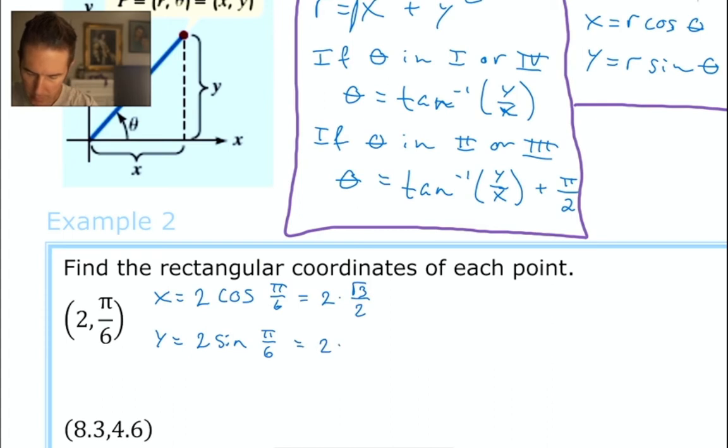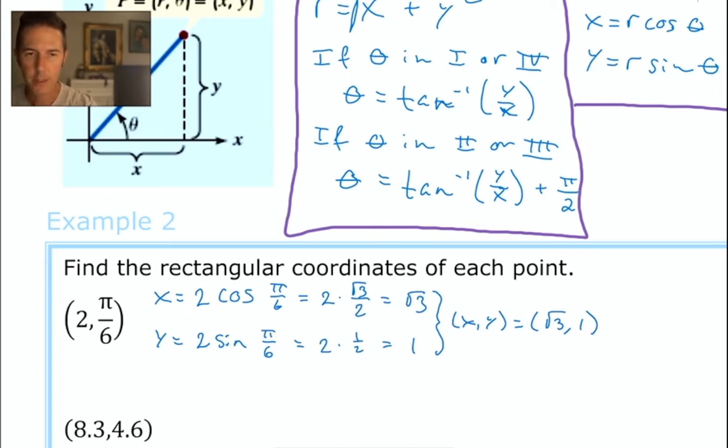Sine of pi over 6 is 1/2. So our x coordinate is the square root of 3, and our y coordinate is a 1. So we can say that x comma y is equal to root 3 comma 1. And that is the point that we would plot.